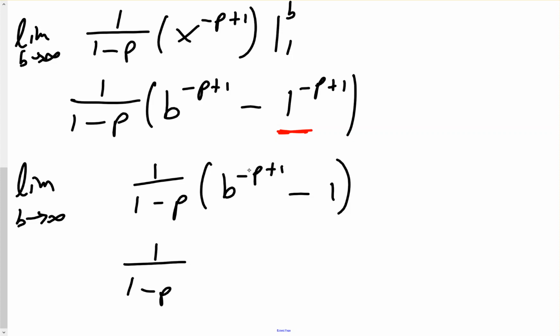Now b is to a negative power, so I'm going to put that as 1 over b. Now if I factor out a negative 1, that's p minus 1. So that would be p minus 1 as my exponent.